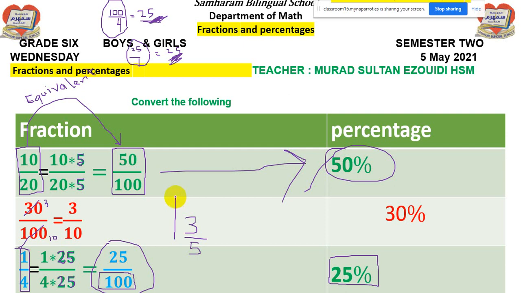Yes. Okay, good girl. So the question is to try to convert 3/5 to a percentage. I want you to write this as a percentage. Let's say I give you time to think.